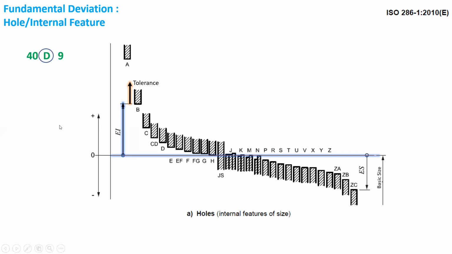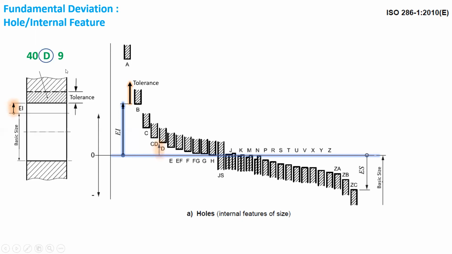Let's take the example of a 40D9 hole. In this case, 40 is the basic size, and D is the fundamental deviation. Looking at the chart, we can see that D represents the lower deviation for the hole, which means that for this 40D hole, the lower deviation will be the fundamental deviation, and the tolerance zone will extend upwards from the fundamental deviation as designated by this number 9.